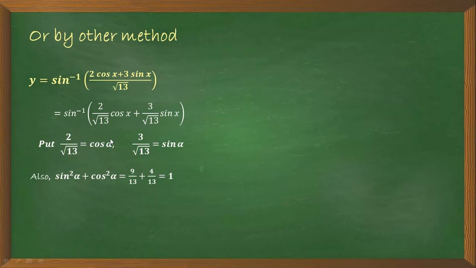In that previous method, we considered 2 upon root 13 as sin alpha and 3 upon root 13 as cos alpha. But suppose if you want to select 2 upon root 13 as cos alpha and 3 upon root 13 as sin alpha, then there is no problem.